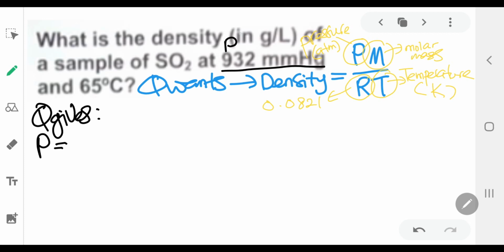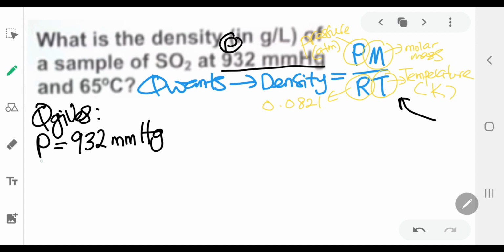That is 932 in millimeter mercury. When you look at the units of the pressure given to you, it is not in atmospheric pressure. So before you plug the value into this formula, you need to convert that first into ATM.